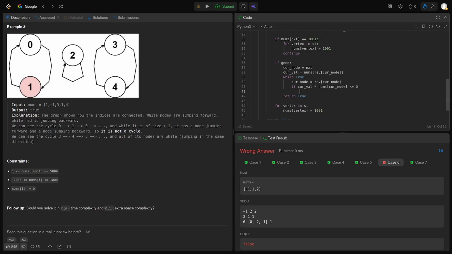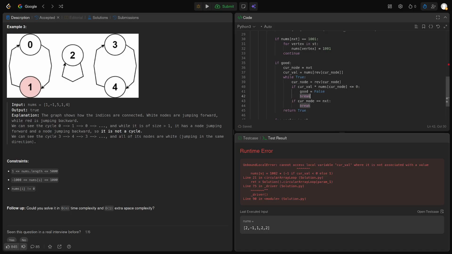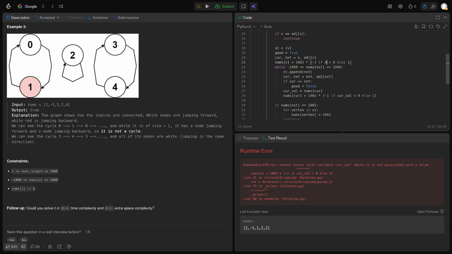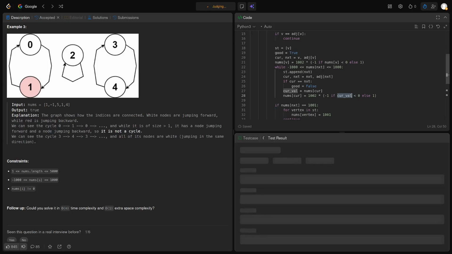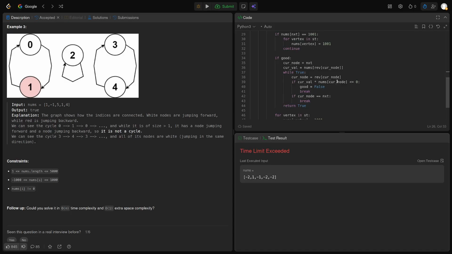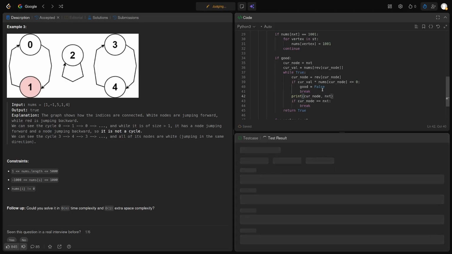and if this is less than 0, and now if like that, where line 21 if nums vertex, okay. I'm so tired.